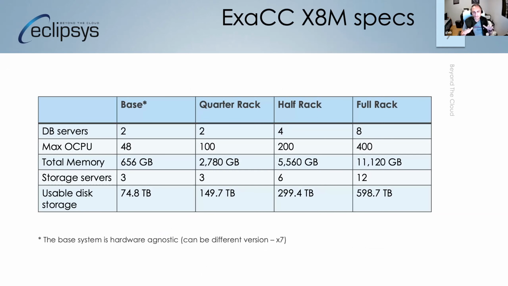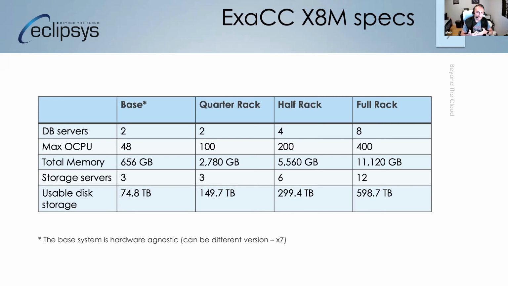Here are the numbers, and the base system is quite different from quarter-rack, half-rack, and full-rack. The base system has the same number of servers like quarter-rack, but half of CPU and half of storage is disabled there. You don't have it. And another thing, for quarter-rack, half-rack, and full-rack, you know what you're getting, X8 or X8M.